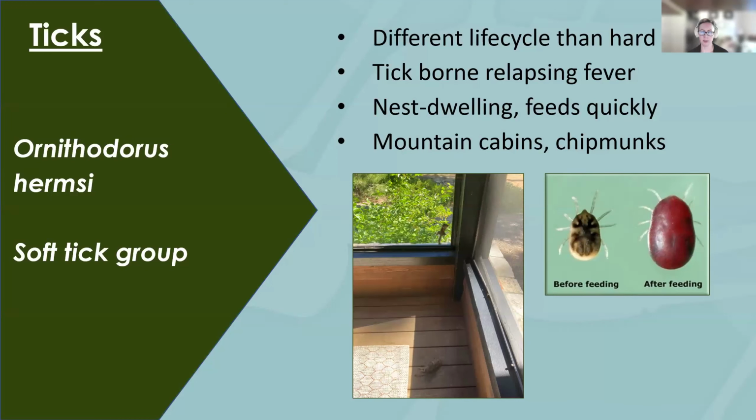So this particular soft tick can feed on and live in the nest of several different rodent species, but seems to be particularly associated with chipmunks, which makes sense because they also seem to be most often found at higher elevation mountainous locations. And where they most often come into contact with people is in mountain cabins.